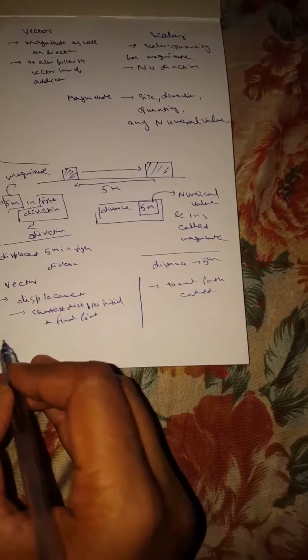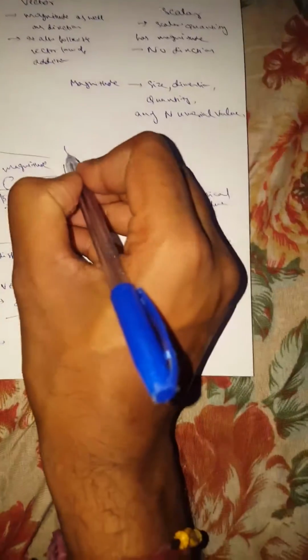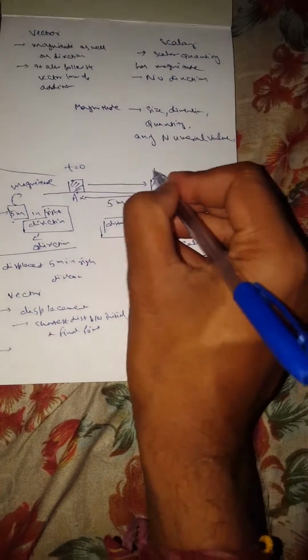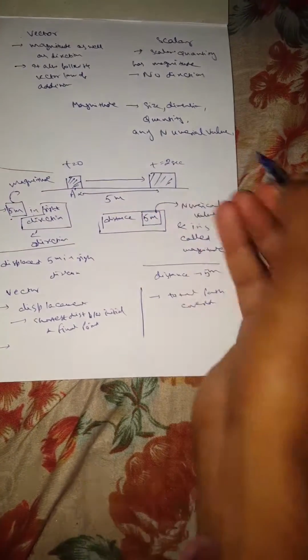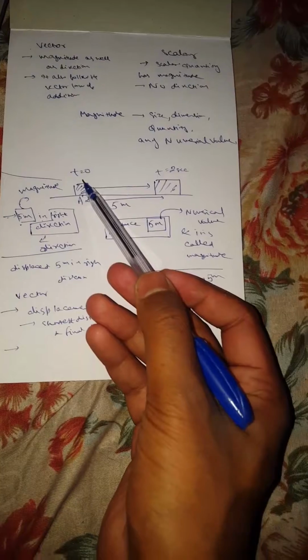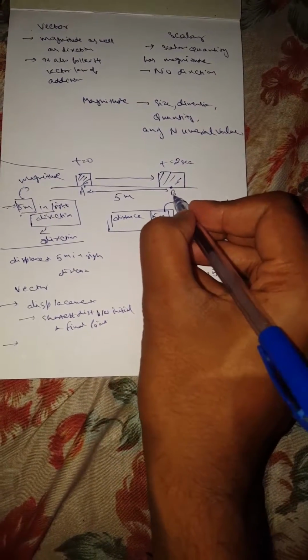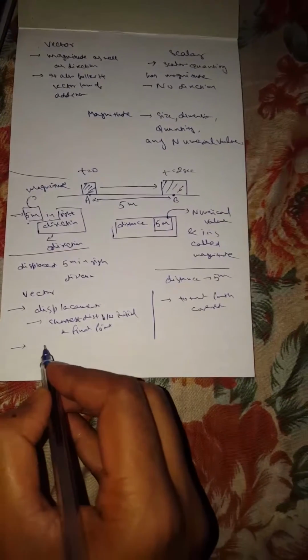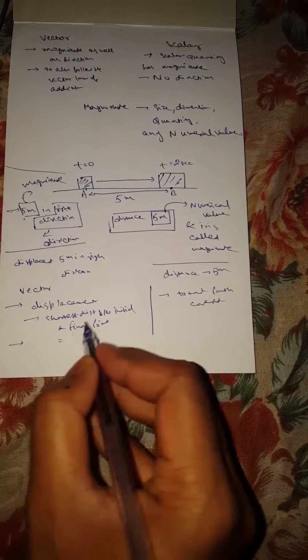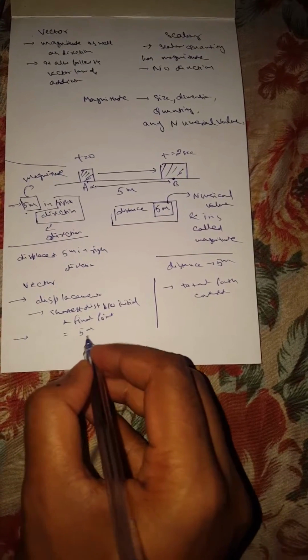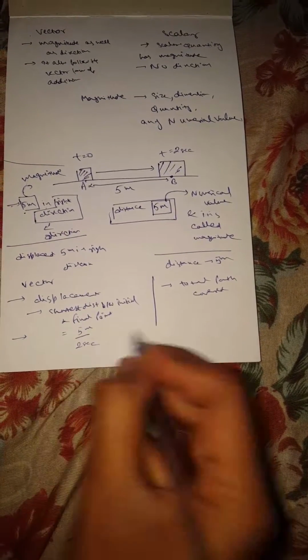Say that at time t equal to 0 the block is at point A. Now at t equal to 2 second, meaning time started at 0 and after 2 seconds, the block has moved to point B. So the block moved a distance of 5 meter in 2 seconds.